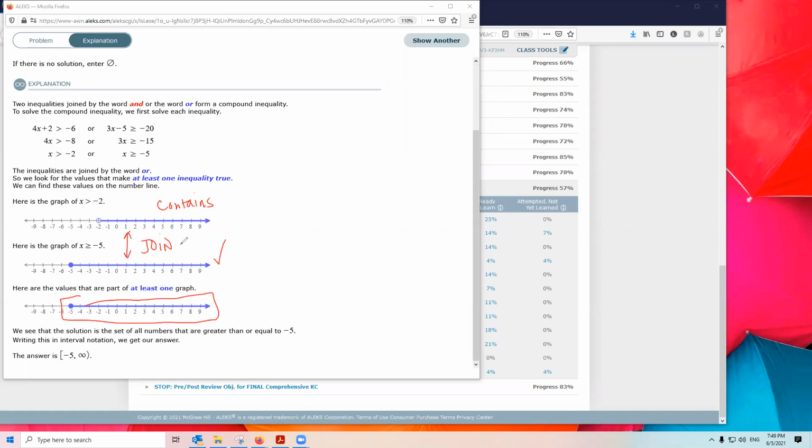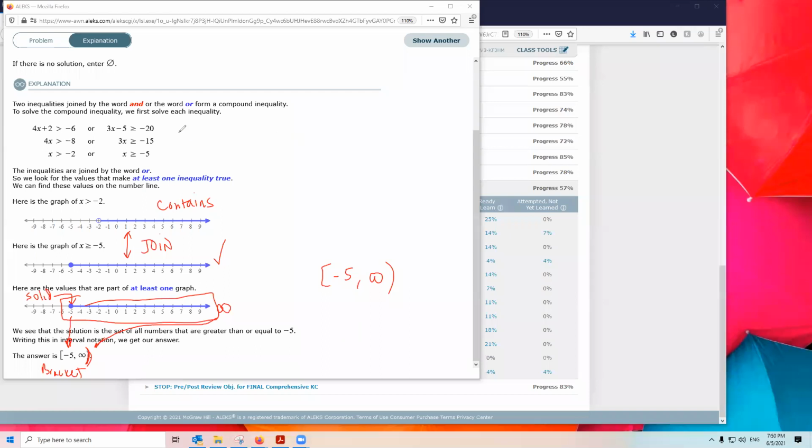So the answer here is this bottom graph, but they wanted the answer in interval notation. So when I look at this graph, it's starting at -5 and going all the way to the right, which is going to infinity. So it's -5, comma, infinity. Remember, for infinity, you always put a parenthesis. Because on the -5, I had a solid dot, that means I should use the square bracket. So the answer here is -5, comma, infinity.